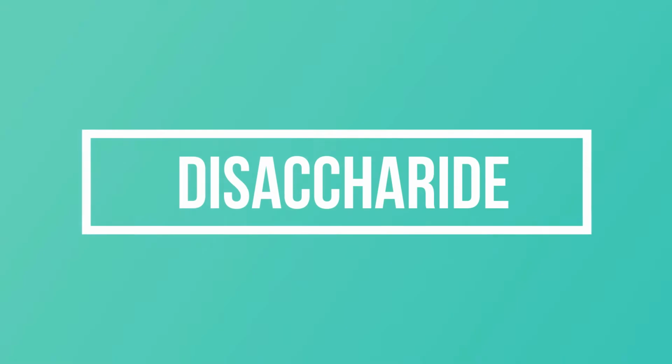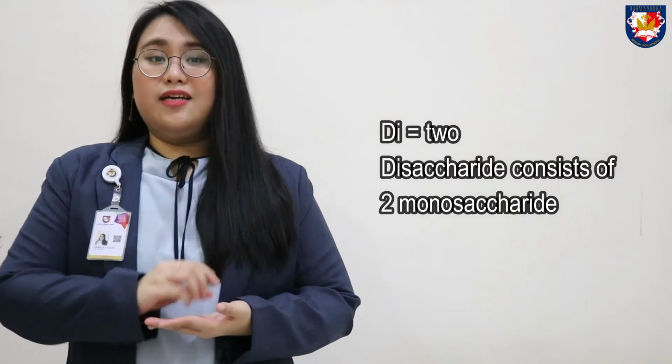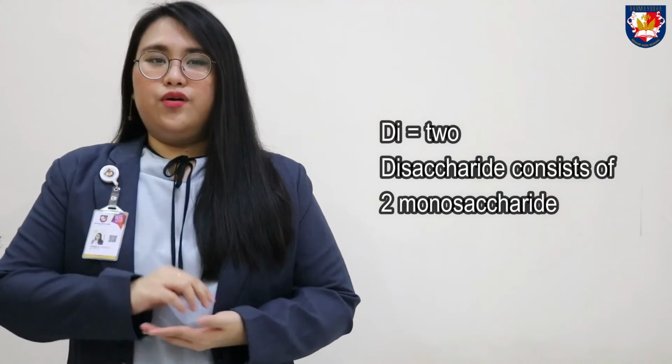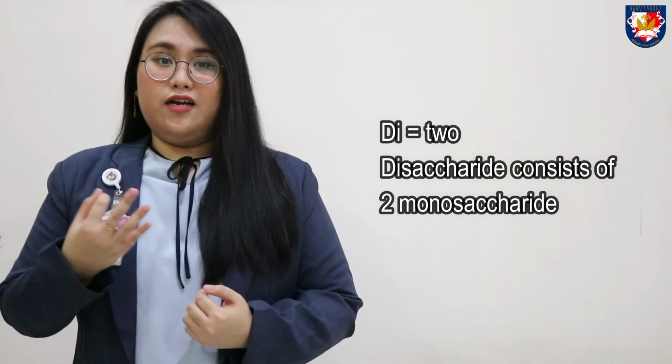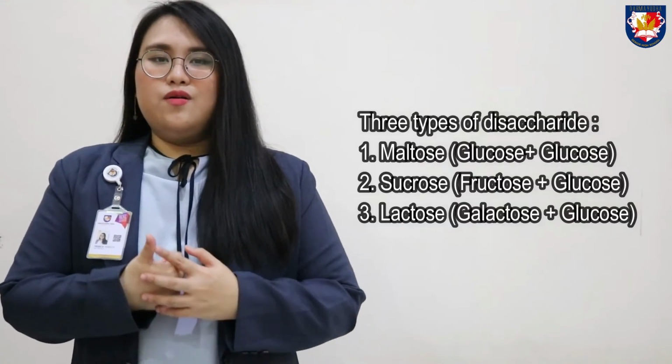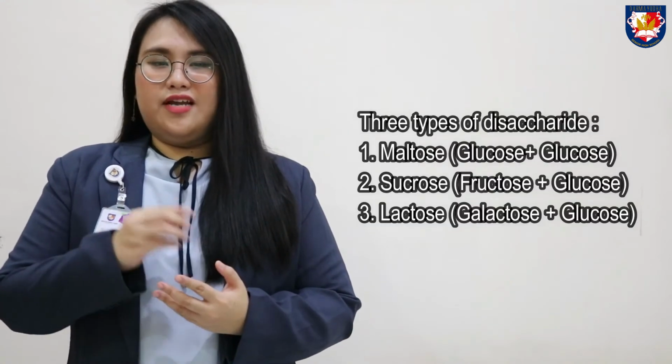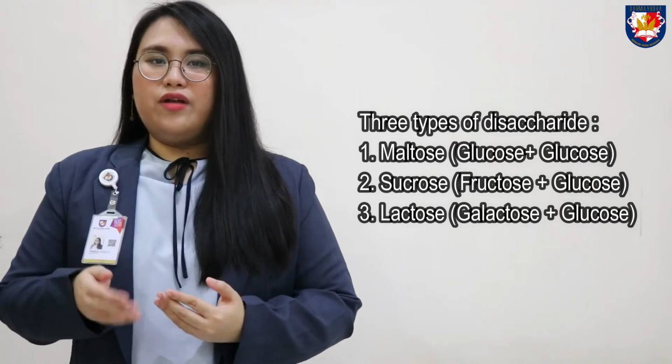Now let's discuss the second carbohydrate, the disaccharides. Di means two. There are three types of disaccharides. Maltose is the combination of glucose and glucose, mostly found in grains.